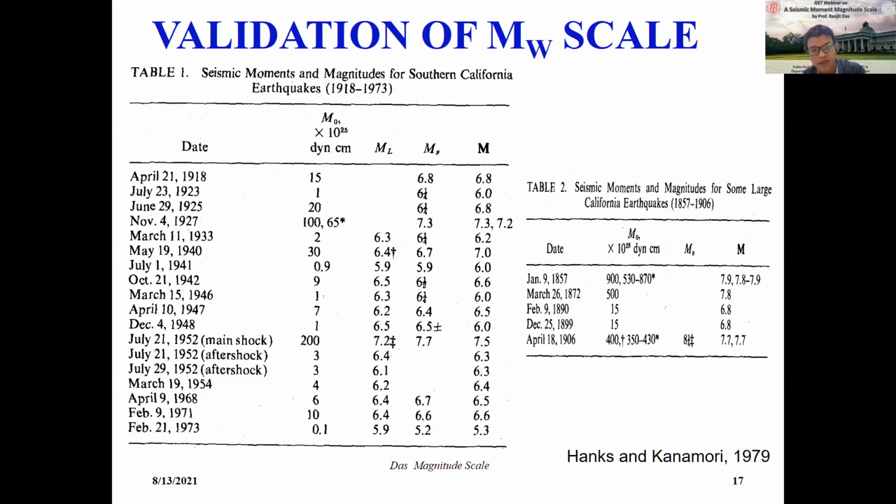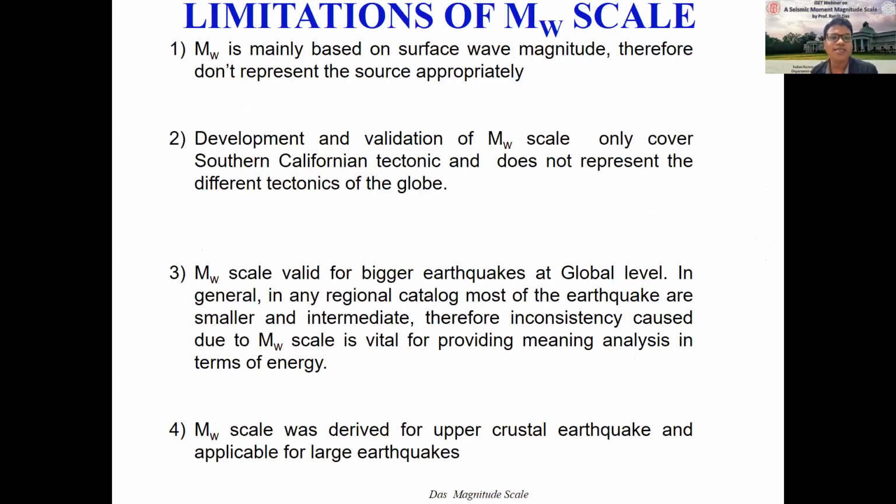So now we have some problems with these scales. I will try to explain the problems in these scales. MW is mainly based on surface wave magnitude, therefore it does not represent the source appropriately. How is it surface wave magnitude?